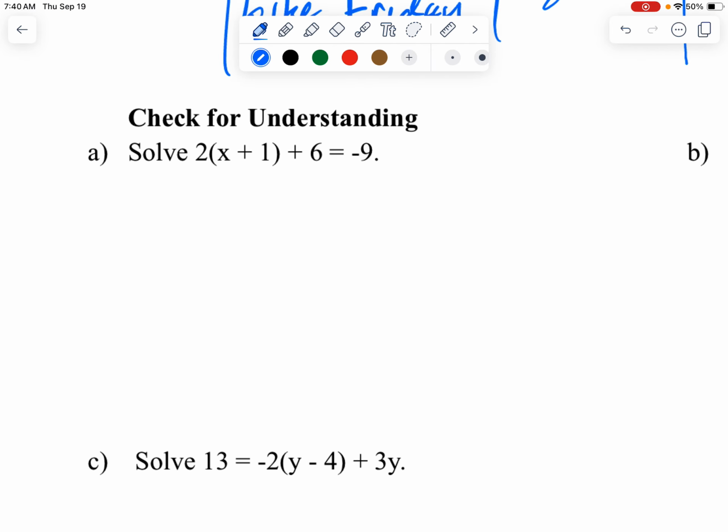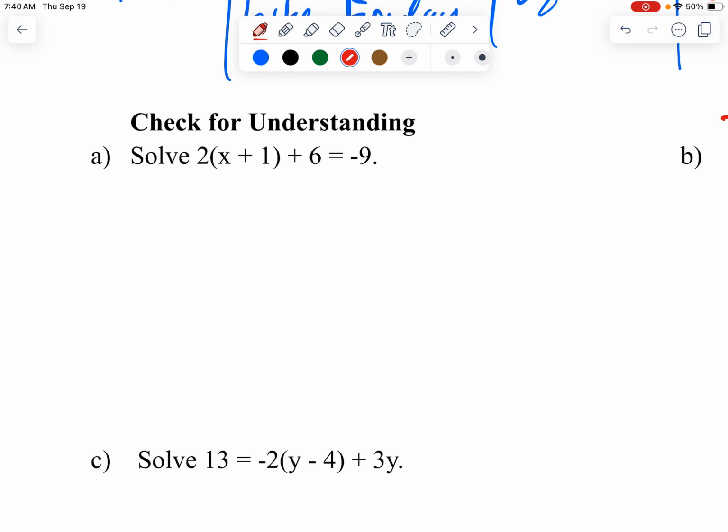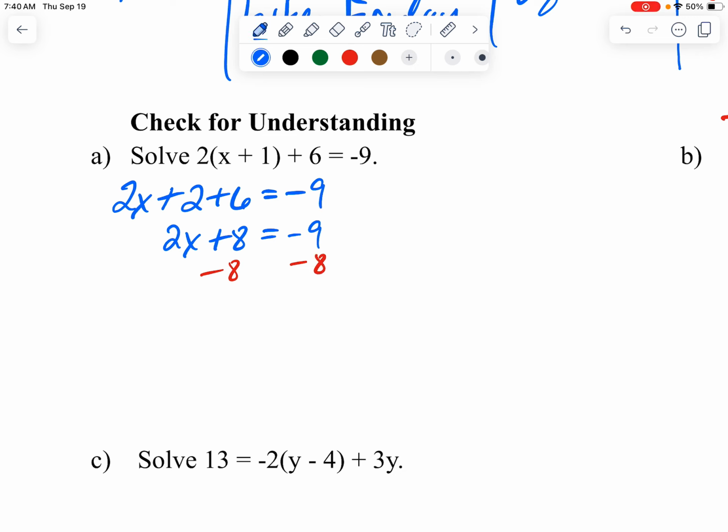Okay, part A, we can distribute, so we want to do that. So 2 times x is 2x, 2 times 1 is 2. Combining like terms, I end up with 2x plus 8 equals negative 9. Subtract 8 from both sides, we end up with 2x equals negative 17.